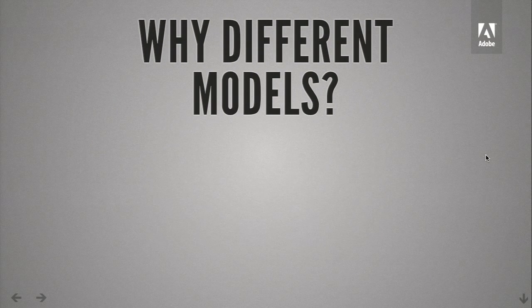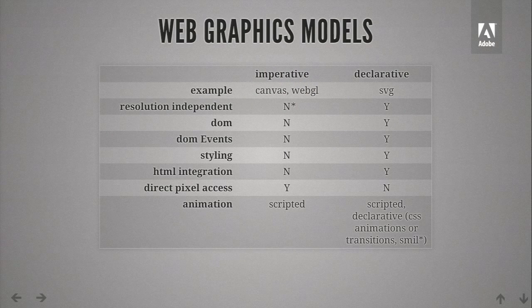So now one thing that has been asked many times is why do we have two different models for 2D graphics, and do we need that, and what's the deal? So yeah, there are differences. Largely, Canvas is a pretty low-level API. It's very useful.